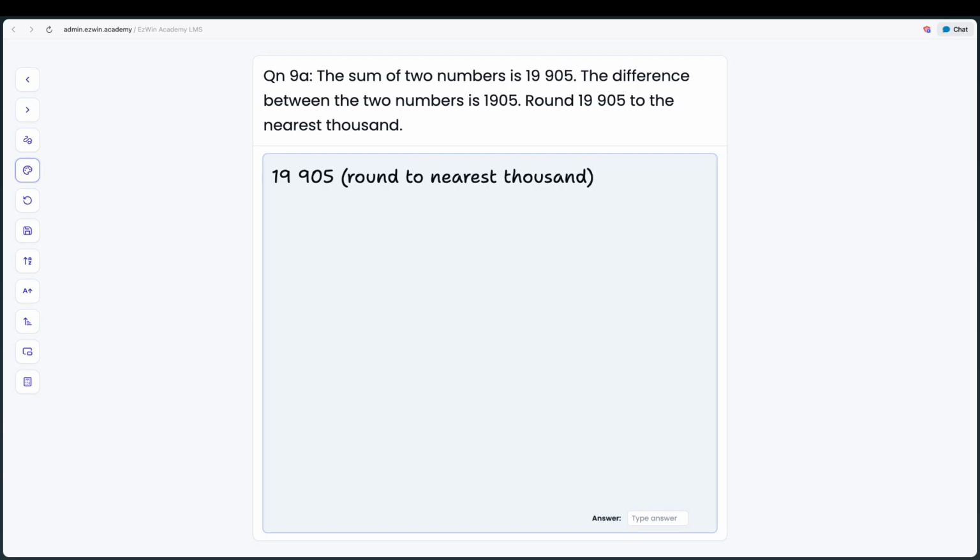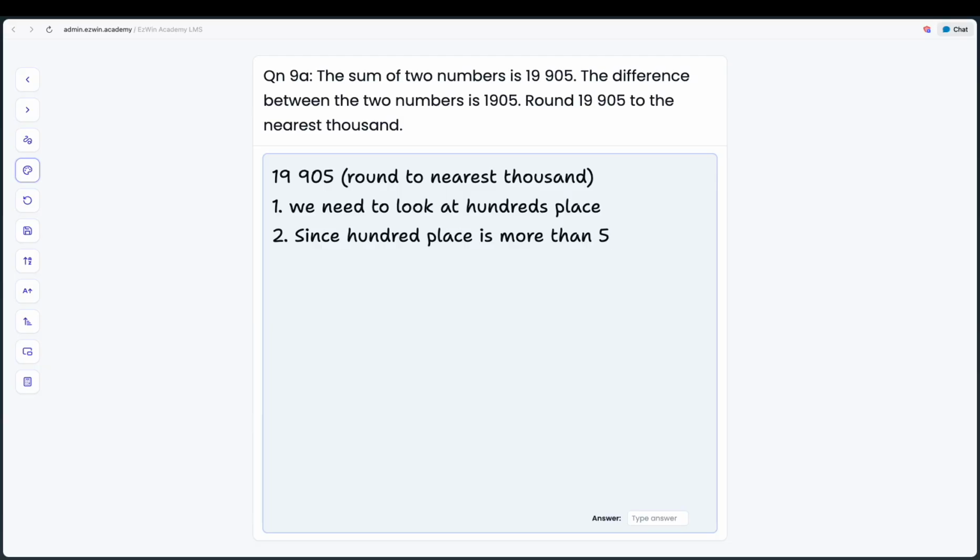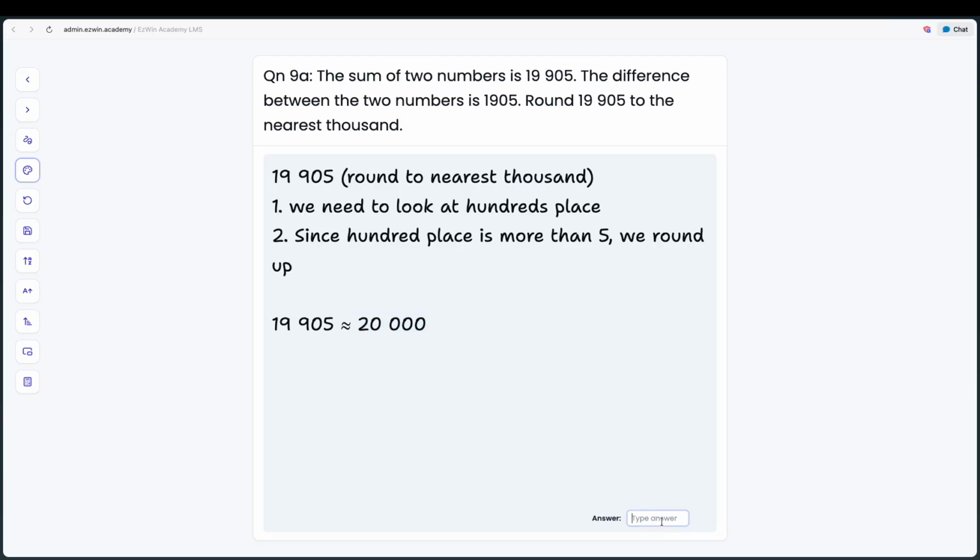That means we need to look at the hundreds place, and since the hundreds place is more than 5, then we round up. So 19,905 will then be equal to 20,000 in this case over here.